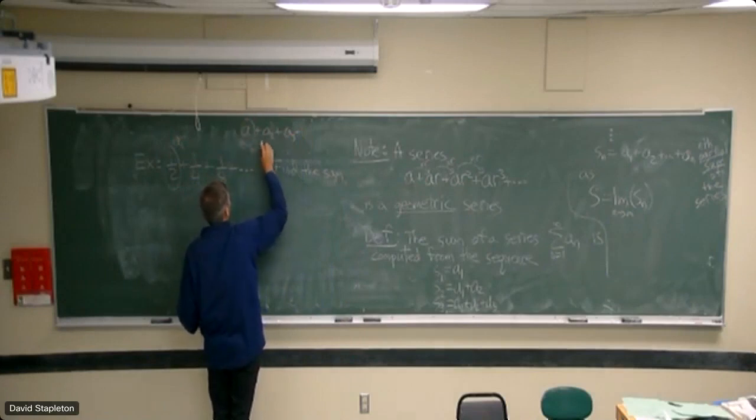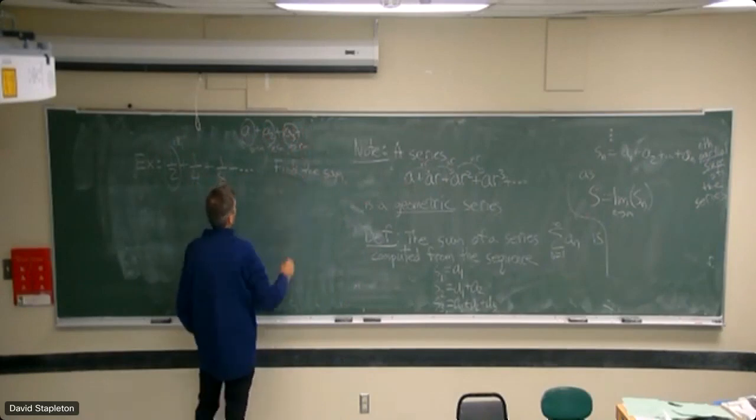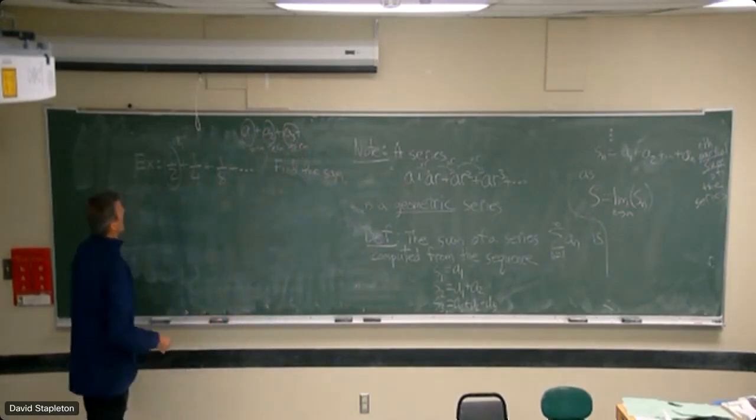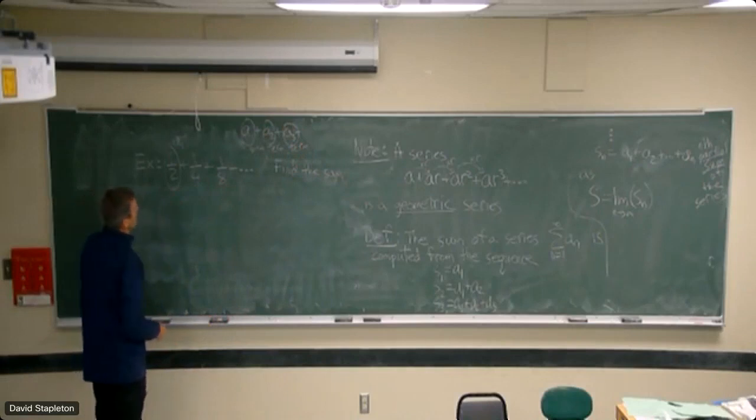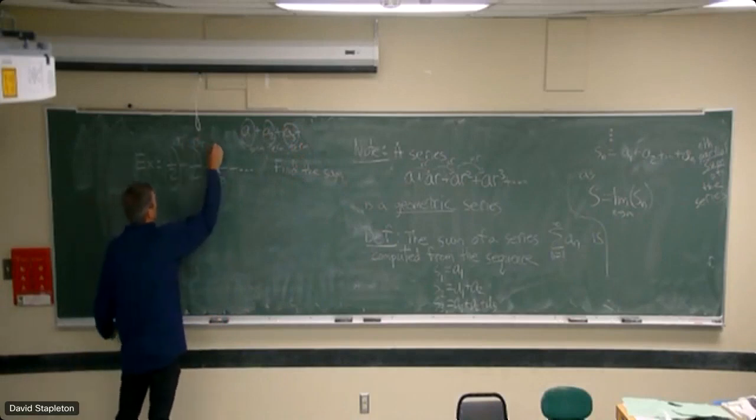Just like in sequences, you're putting pluses between them instead of commas, but they're still called terms. So a_n is the nth term in a series, just like a_n is the nth term of a sequence. It's just added instead of listed. So there's a1 and there's a2 and there's a3.